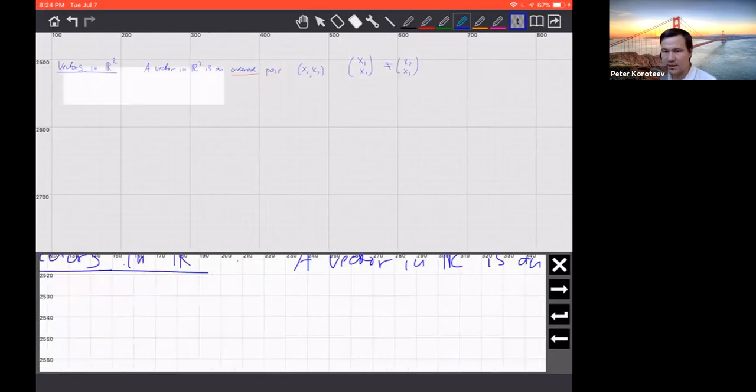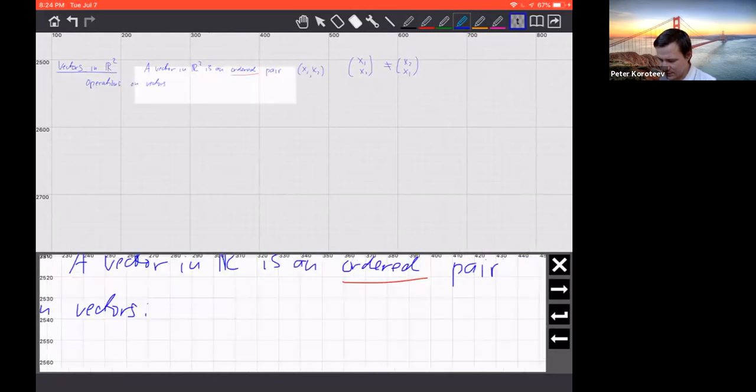So we can add vectors together. There are some operations that are allowed on vectors. If you have vector x, say with an arrow on top of it, because if you read the book or a paper, people use the bold font.